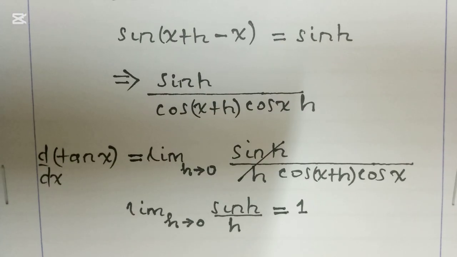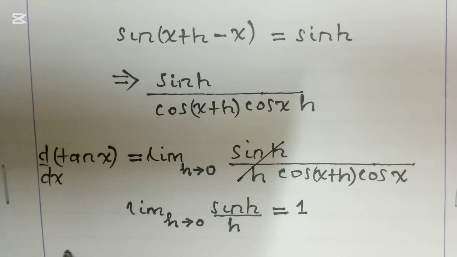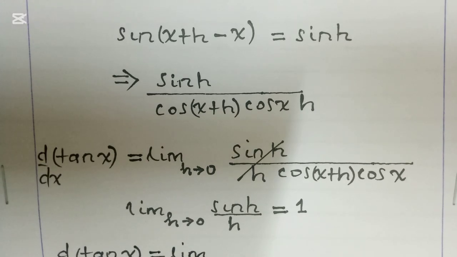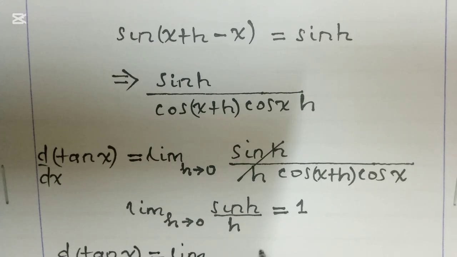And because of that, d over dx of tan x is equal to the limit as h tends to 0 of 1 over cos of x plus h, cos x.